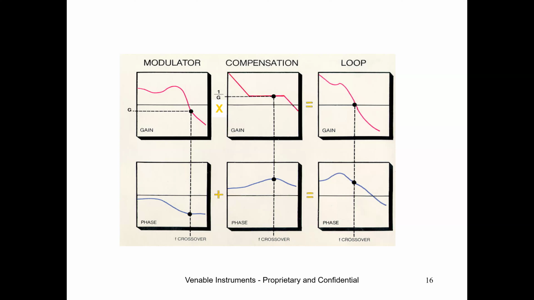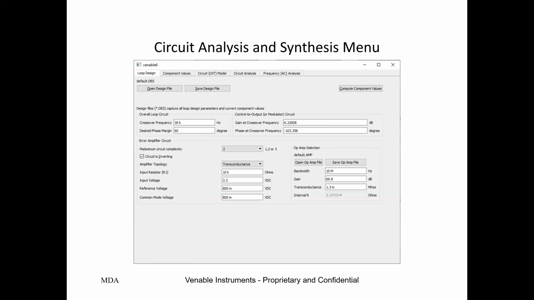The further apart they are, the higher the boost you get, and the closer they are together, the less phase boost you get. And we use that to manipulate the modulator and get the correct phase margin at crossover. So yeah, these are the numbers I imported from that previous plot into our circuit analysis and synthesis menu so we can design a feedback loop.